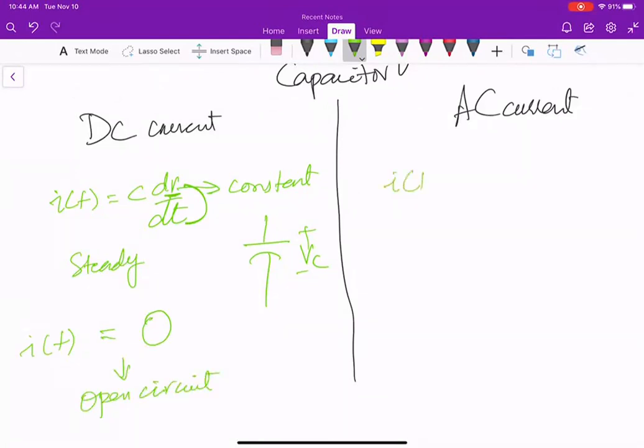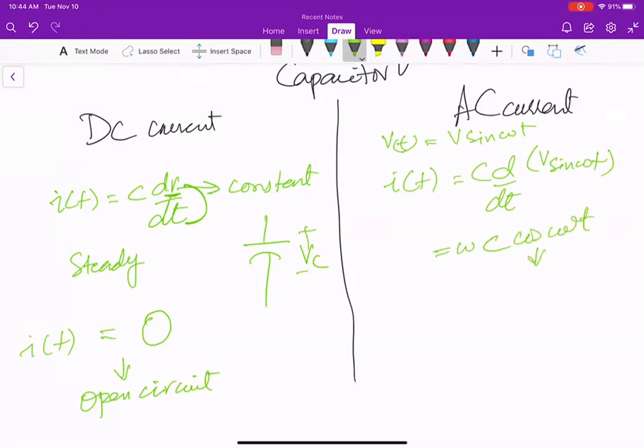which is not the case for AC current. Why? Because if you plug this in, where in your AC current V of t is V sine omega t, then you can see that this will become cos omega t, which is a quantity that is dependent on time and will not go to 0.